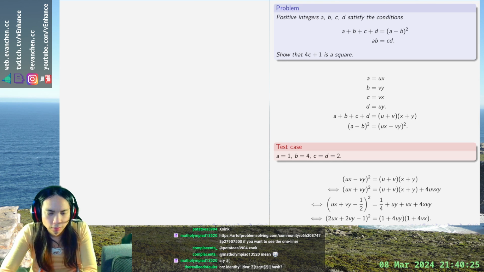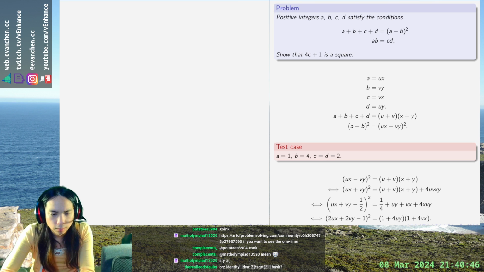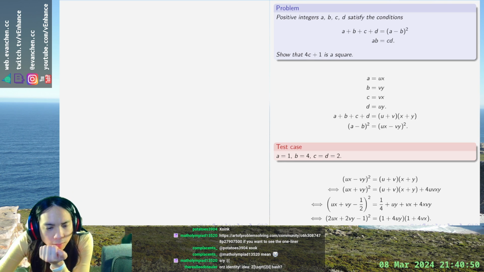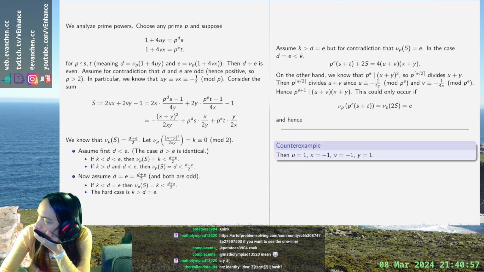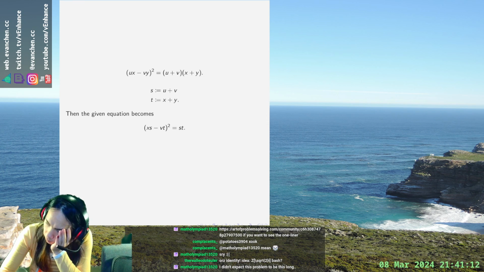Then the given equation becomes ST... Is this better to work with? So this one is actually homogeneous in S and T now that it's written this way.